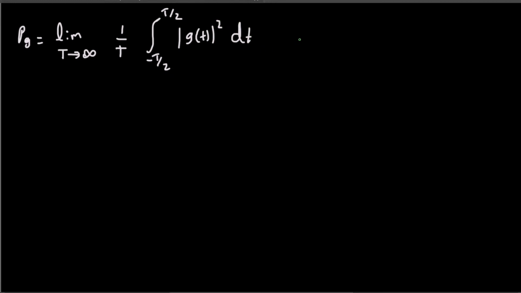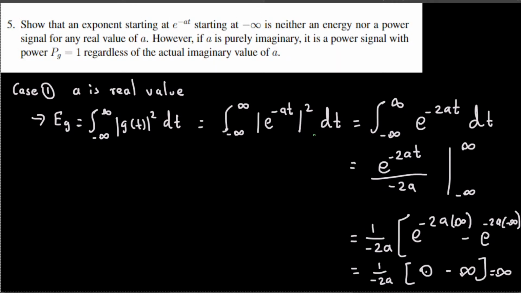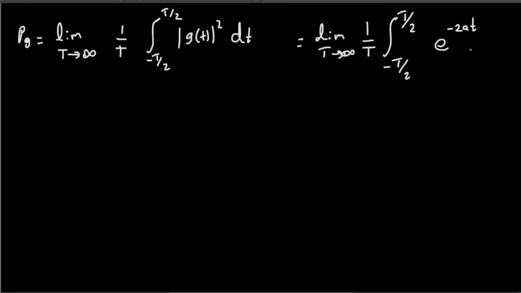If we plug in the function, this becomes the limit as T approaches infinity of 1 over T times the integration from negative T/2 to T/2 of e^(-2at) dt.